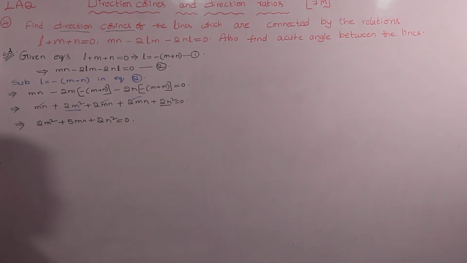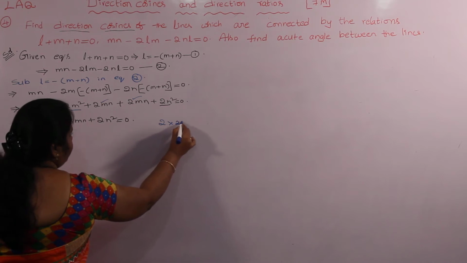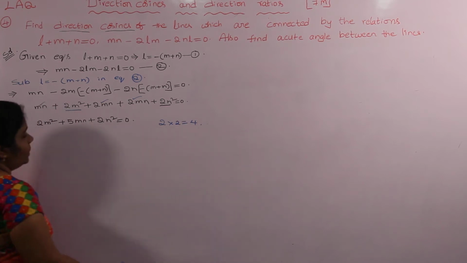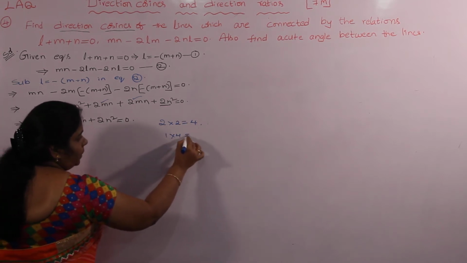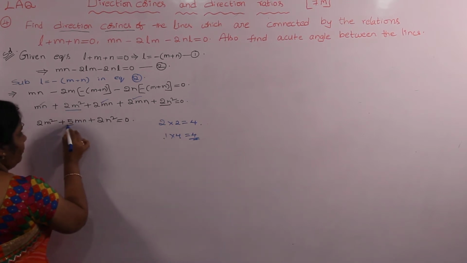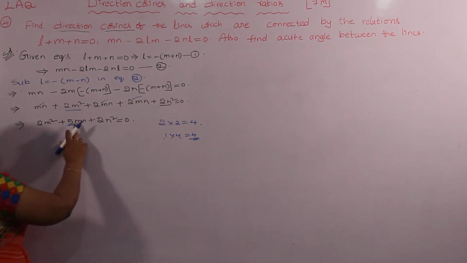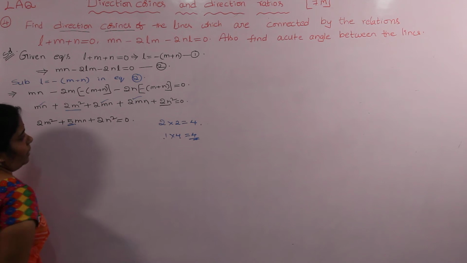Now take the factorization. 2 twos are 4. This 4 can be written as 1 four is 4. When we multiply we get 4 and when we add, 1 plus 4, we get 5 only. So this 5mn can be written as 1mn plus 4mn.